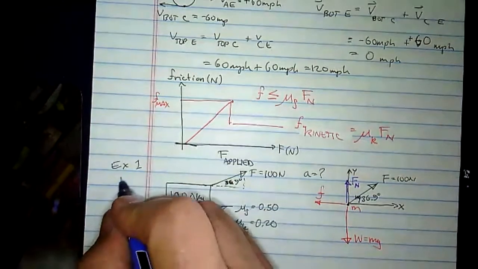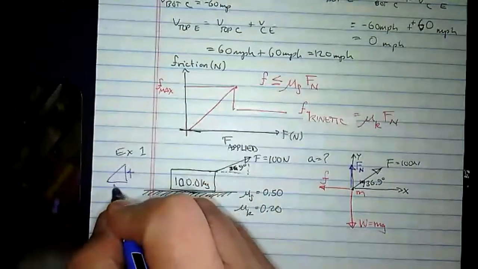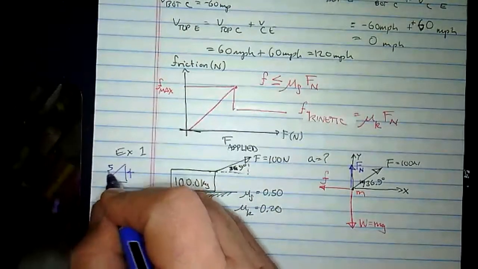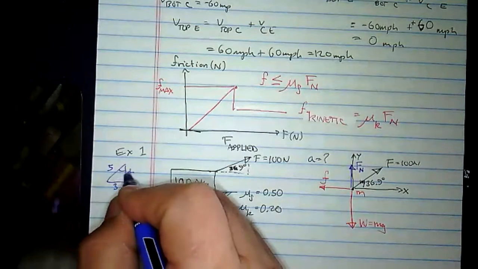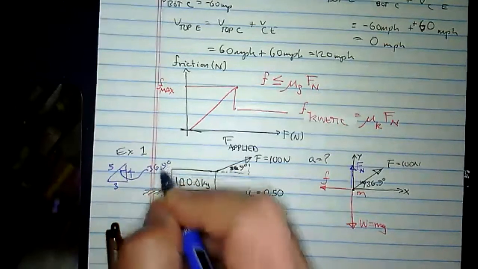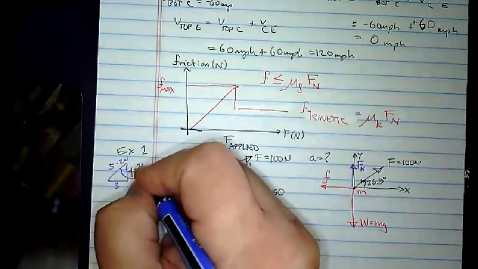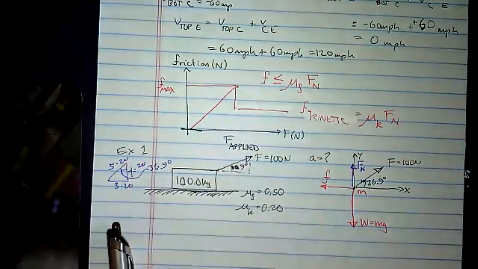Again, we have the special 3, 4, 5 triangle where this is 4, this is 3, this is 5, and this angle right here is the one we're dealing with, 36.9 degrees. Obviously, to make 100, I have to multiply by 20. And then that makes everything kosher.